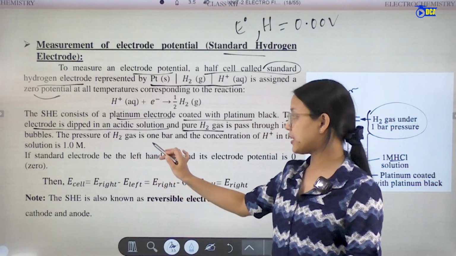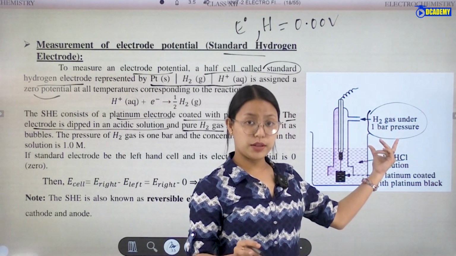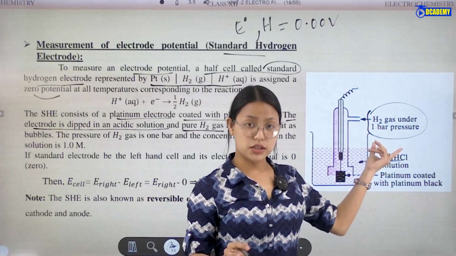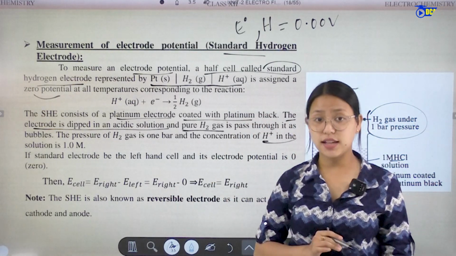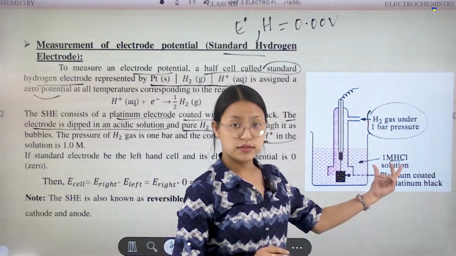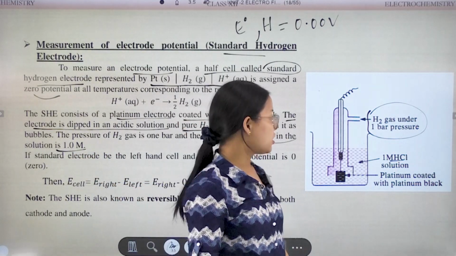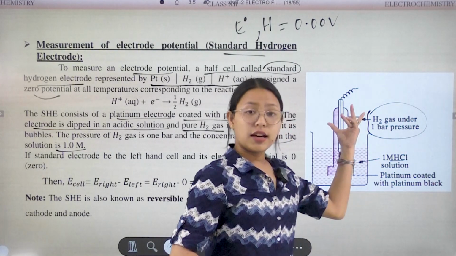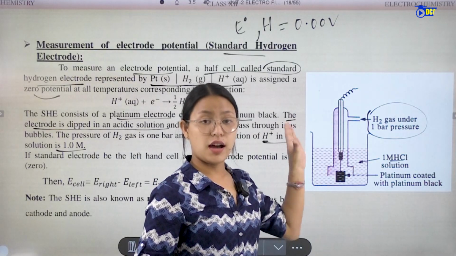The pressure of the hydrogen gas is 1 bar, and the concentration of the hydrogen ions is 1 molar, that means 1.0 molar.